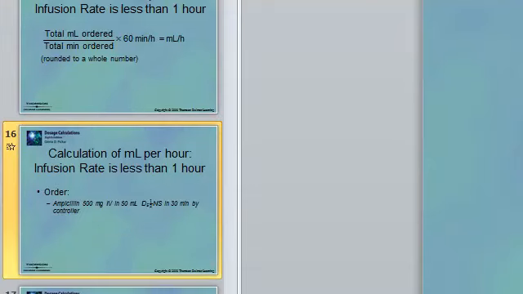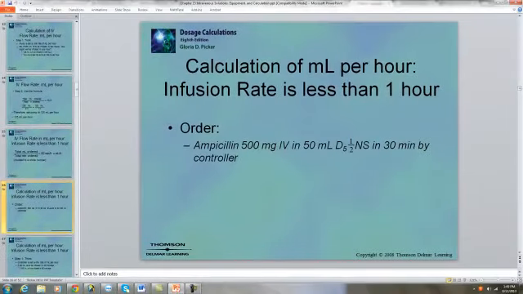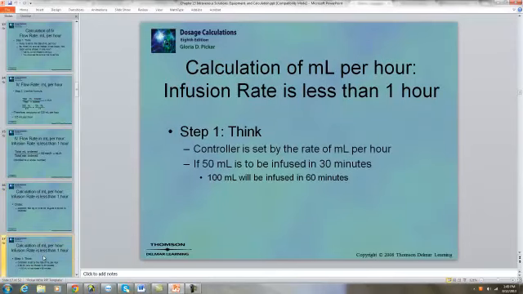So an order might say ampicillin 500 milligrams IV in 50 milliliters dextrose 5%, 1/2 NS normal saline in 30 minutes by controller. So the calculation rate, step 1: the controller is set by the rate of milliliters per hour.